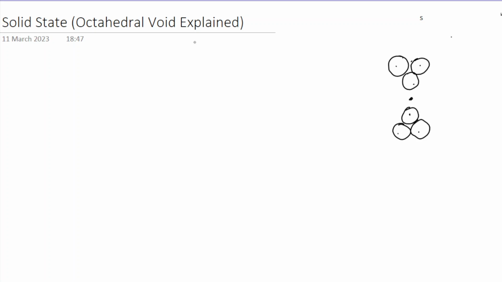So this is a 3D diagram. An octahedral void can be imagined in three dimensions only, but with the help of this diagram we will try to imagine it. Suppose these two layers are touching each other. The void present in between is the octahedral void.